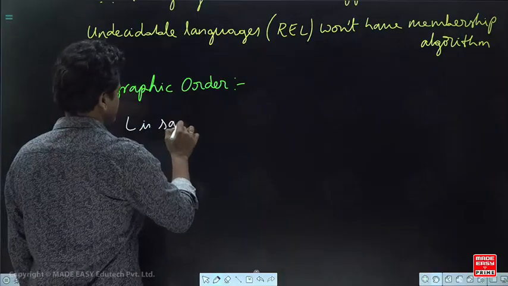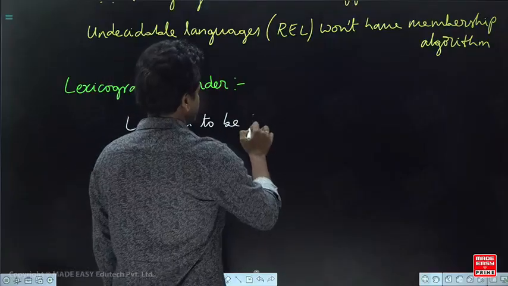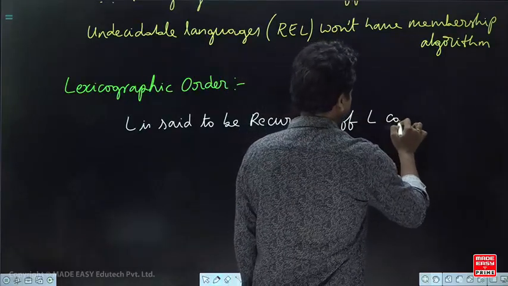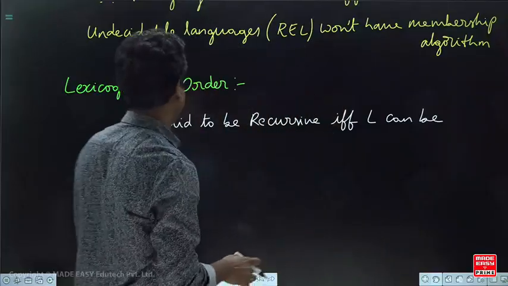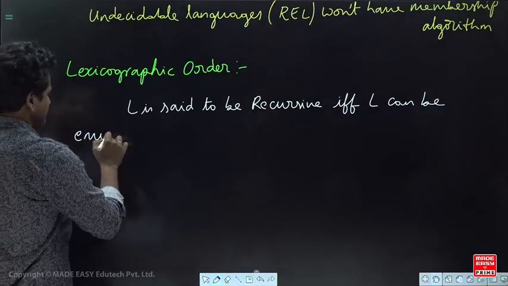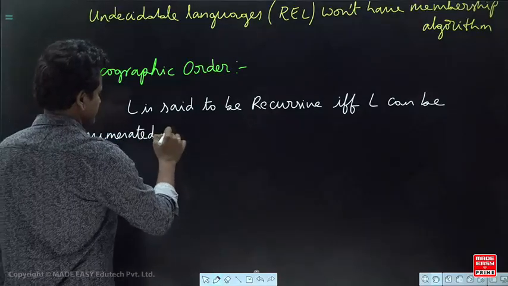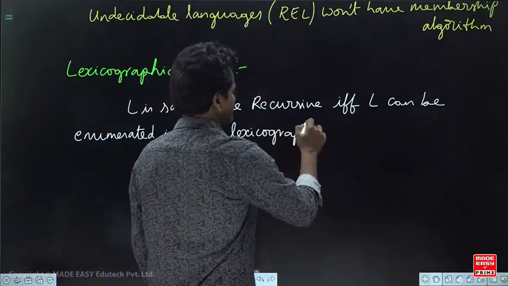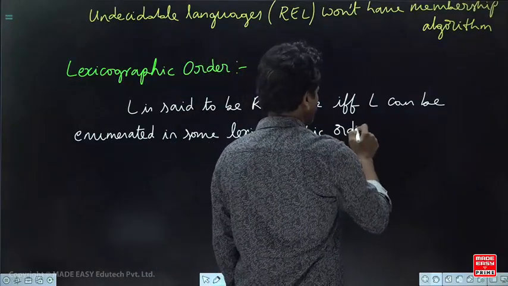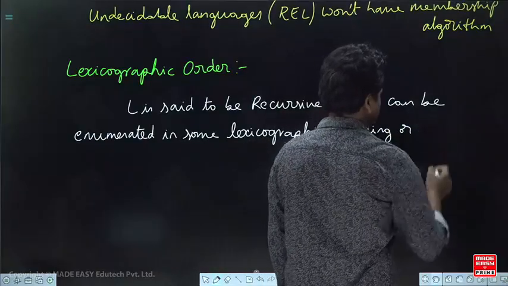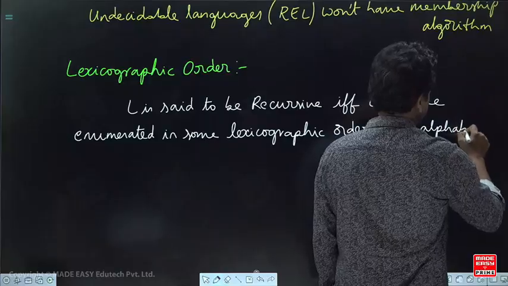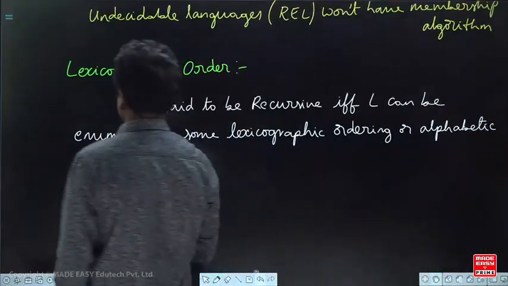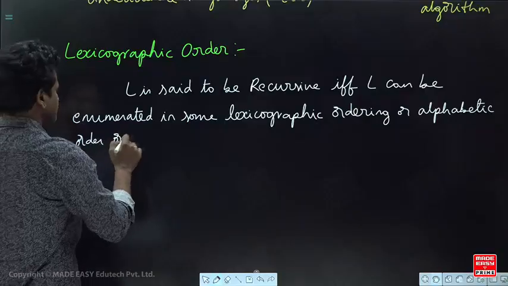L is said to be recursive if and only if L can be enumerated in some lexicographic order, or alphabetic order, or dictionary order.